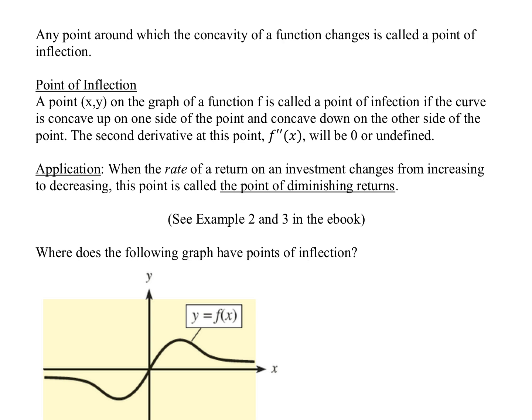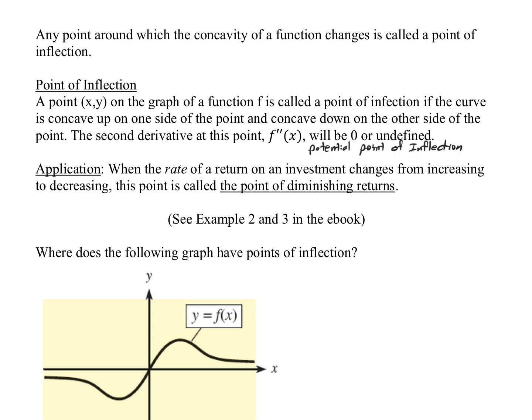One implication of that is that at the point, your second derivative will have to be 0 or undefined. This should feel very reminiscent of critical values. We had critical values when your first derivative was 0 or undefined. Here, if your second derivative is 0 or undefined, you have a potential point of inflection.